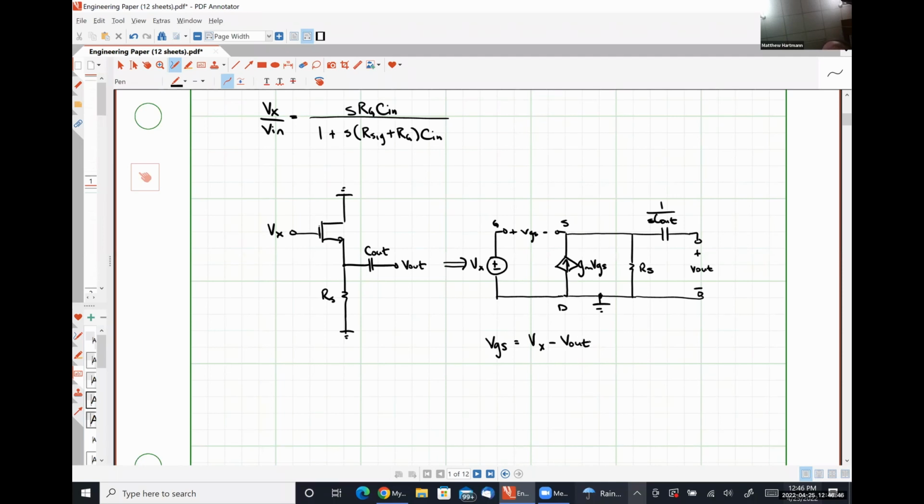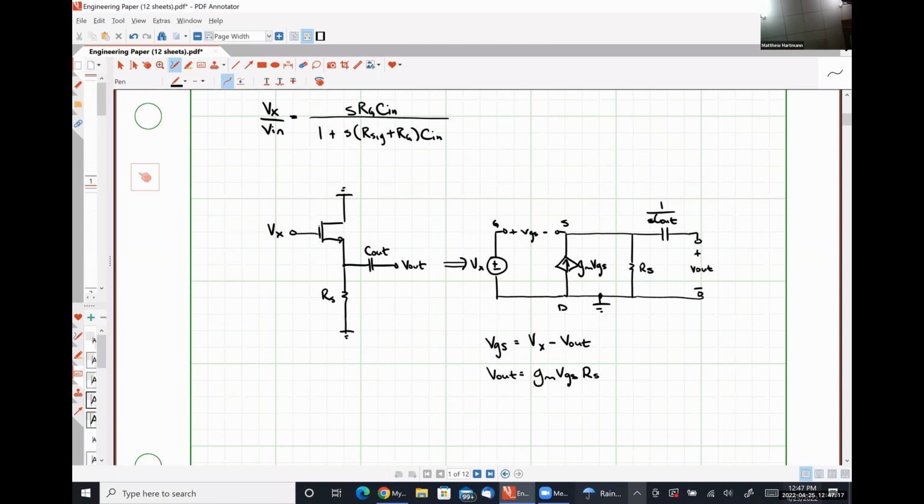If we use Ohm's law, we can then see that Vout is simply gm VGS times RS, because all of our current gm VGS has literally no other path to ground other than flowing through that resistor RS. And Vout is simply the voltage drop over resistor RS, since there can't be a voltage drop over Cout.